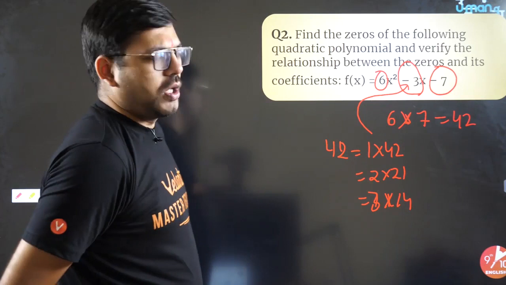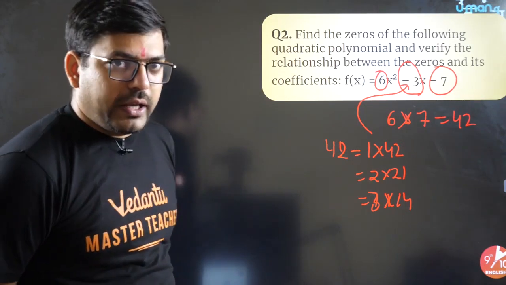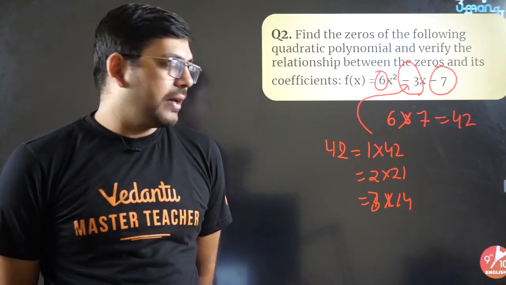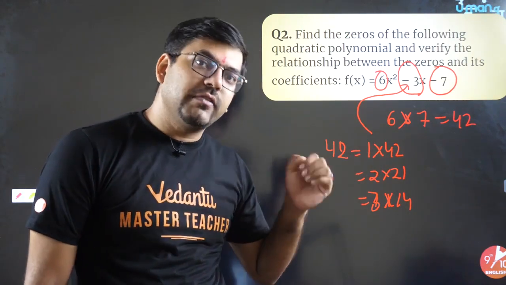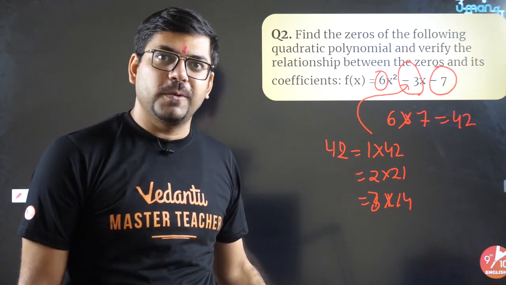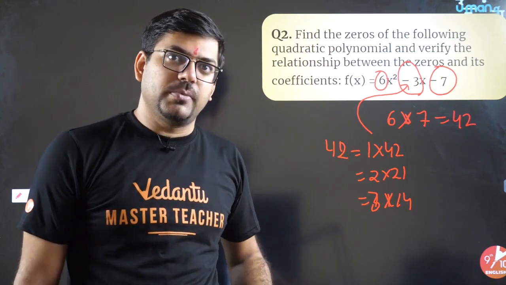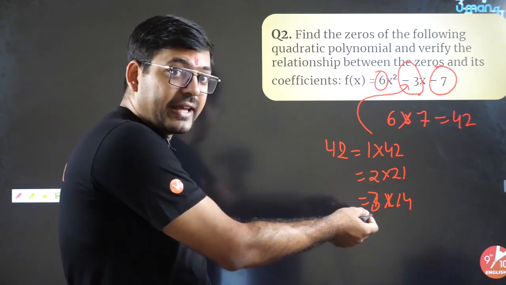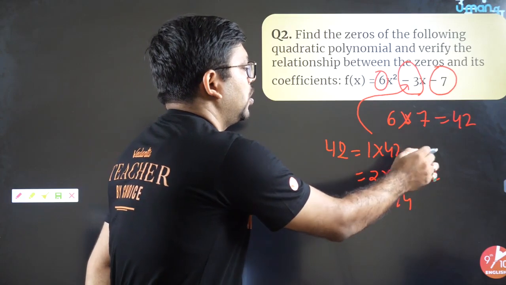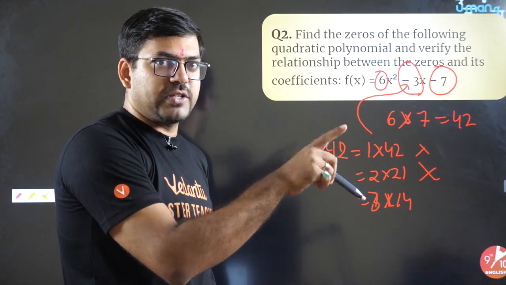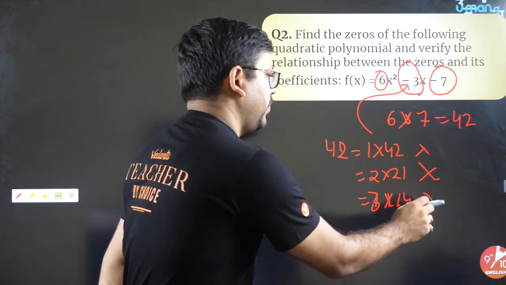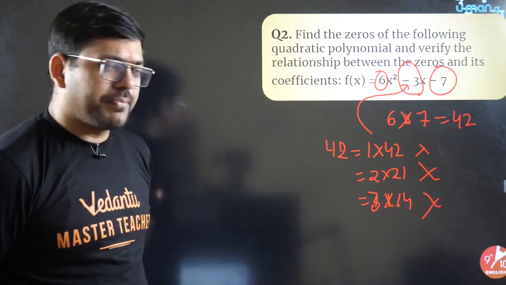Just tell me yes or no. 42 and 1, if you add them, subtract them, 1 plus 42, 1 minus 42, 42 plus 1, 42 minus 1, nothing will give you minus 3. Not possible at all. So like this you have to check the possibilities. So here 2 and 21, can they give minus 3? Obviously no. 3 and 14? Obviously no. 3 plus 14, 3 minus 14, 14 plus 3, 14 minus 3. No, we can't get it.